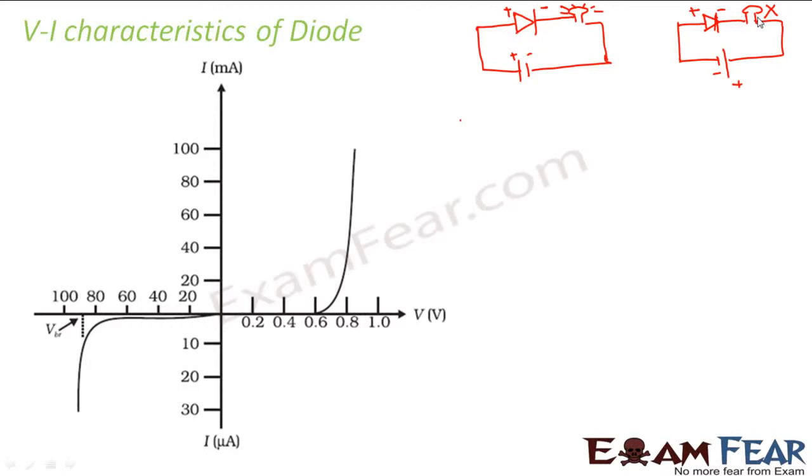Whenever we talk about any semiconductor device, we will plot a graph to show the variation of current with voltage, how current varies with voltage. This graph is known as the VI characteristics of a diode. Now, if we look at the VI characteristics of a semiconductor diode, what do we see? As the external voltage increases, as the positive voltage increases, initially there is no increase in current, but at a certain point the current starts increasing fast.